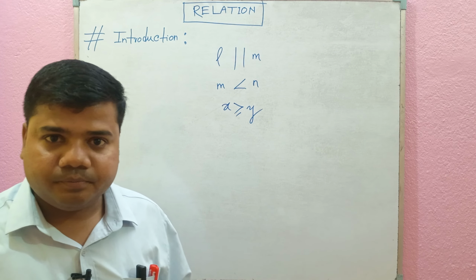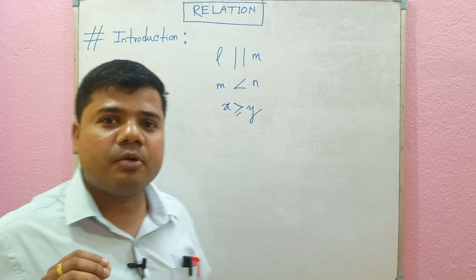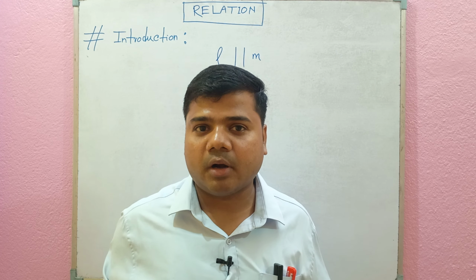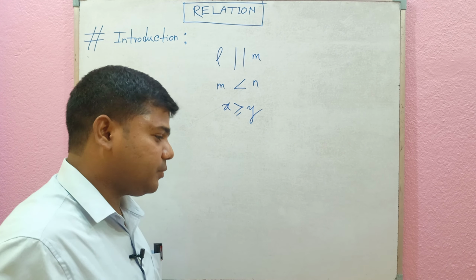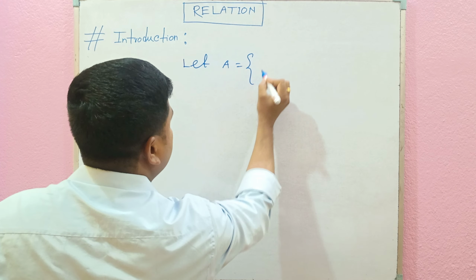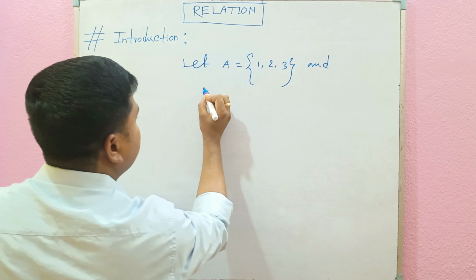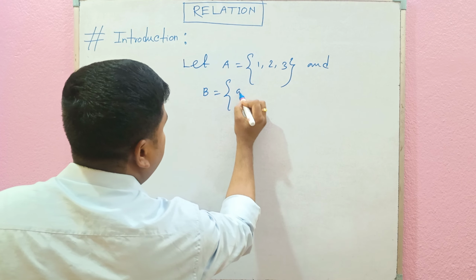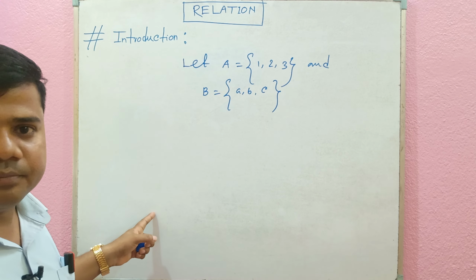What is a relation? To know about relations, you need to learn about the Cartesian product. Now we will discuss the Cartesian product. Let A = {1, 2, 3} and B = {a, b, c} be two non-empty sets.